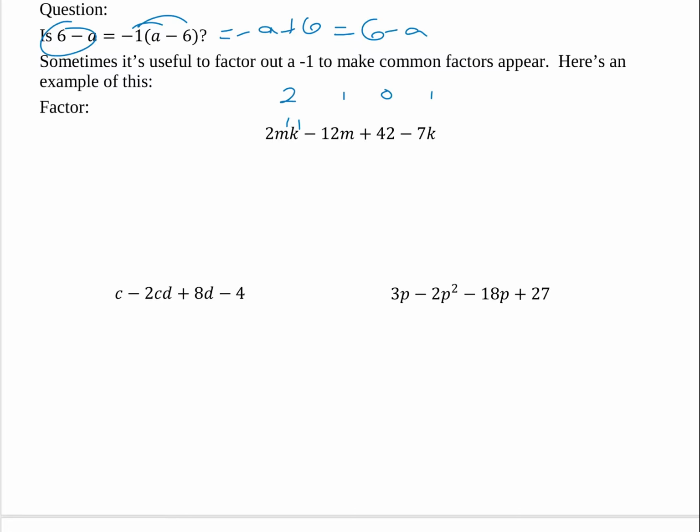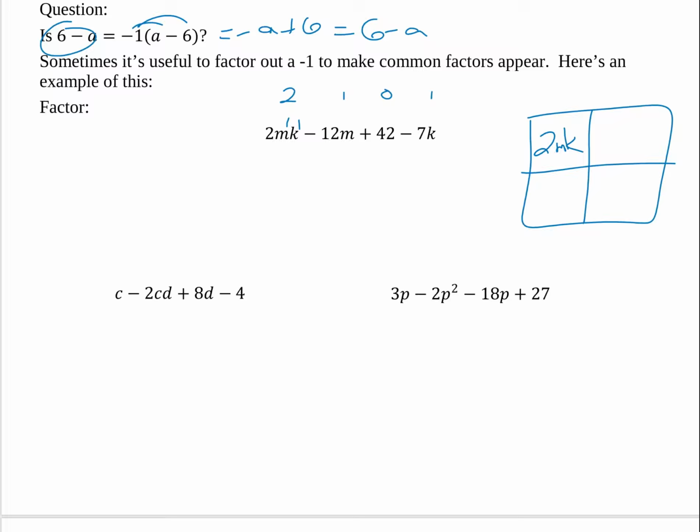1. So when we set up our box, it doesn't matter that we have multiple letters here, we can still handle that. But when we set up our box, we want to go highest degree term to lowest degree term, just like reading a book, okay? So when I set up my box here, what has to go in that first box? 2mk does. Now, that was the degree of 2 term.